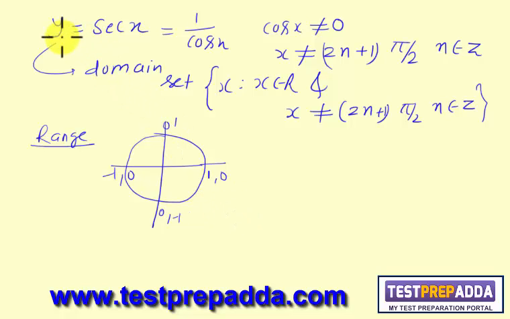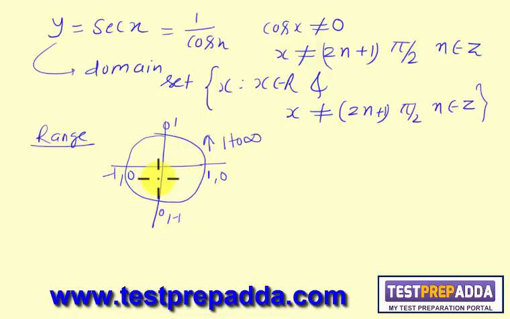As you know, y is 1 upon cos x, and cos x is actually the x coordinate. Here the x coordinate is 1. Here the x coordinate is 0. So in the first quadrant, it increases from 1 to infinity.